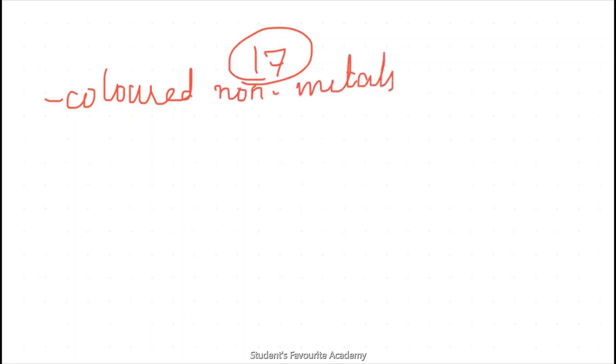So this is a property which tends to repeat itself. It's not necessary that all of them have the same color, children, but they are all colored, and this also defines the periodicity. Why? Because this property tends to repeat itself down the group. This is not there across the period. This property is only there down the group.